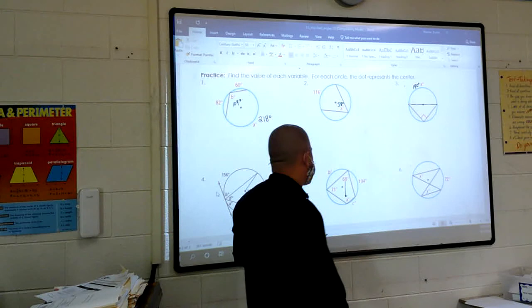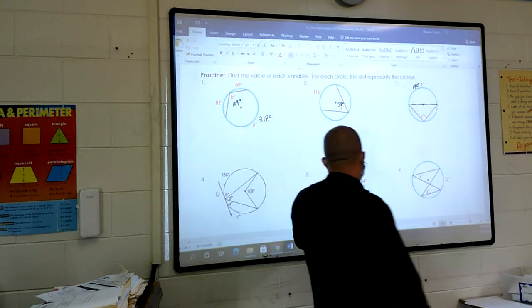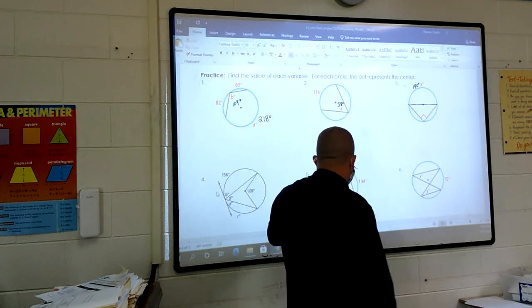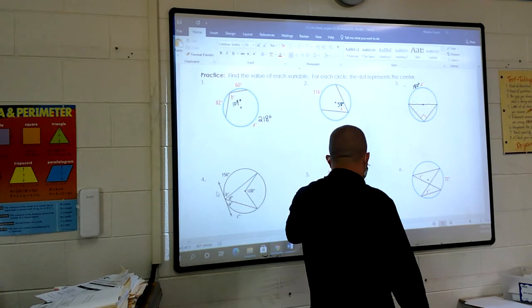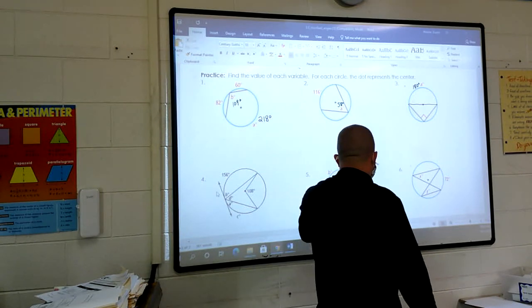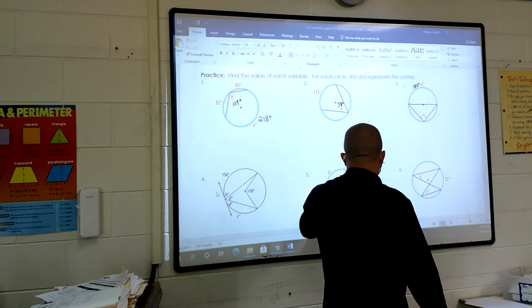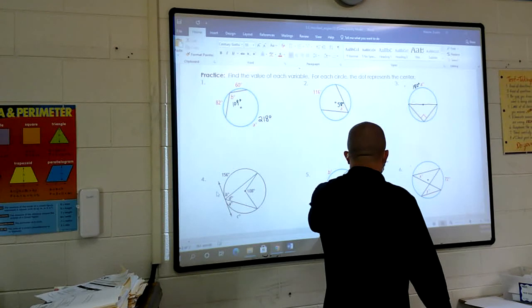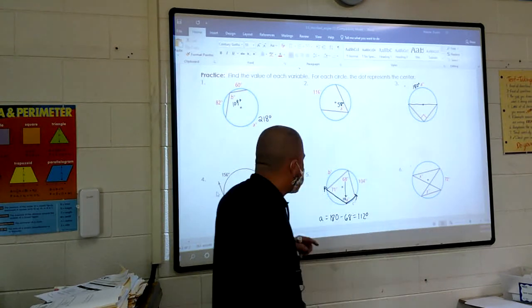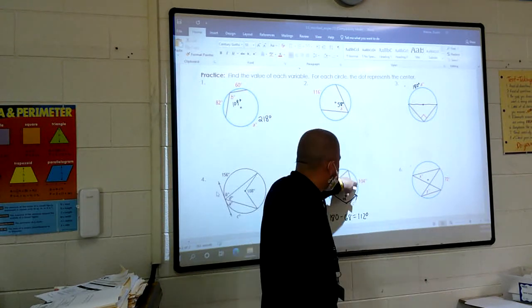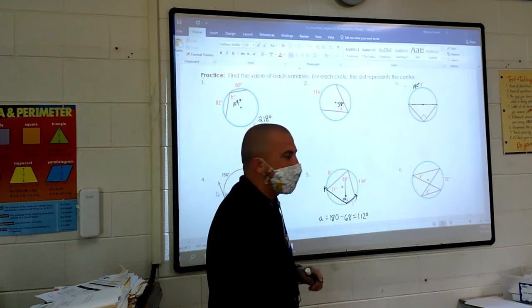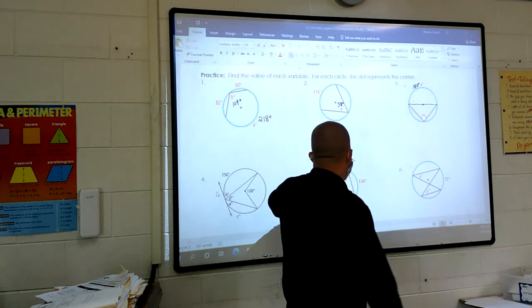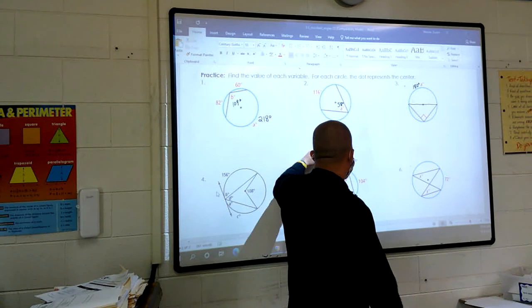So if you know that one's 68 for A, you can do 180 minus 68 to give you 112. So you know that angle is 112. If you know that angle is 112, then it should hit an arc of 224. Well, if that's 104 and it needs to be 224, then you can find B.